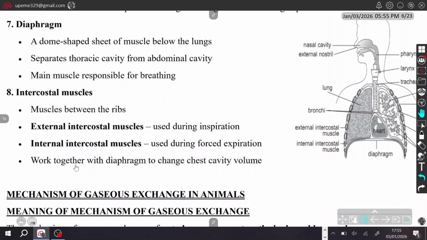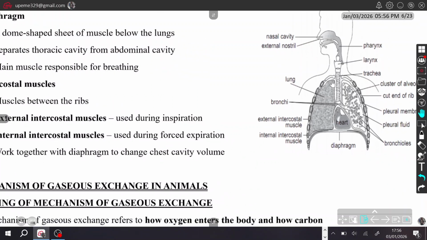Then internal intercostal muscles used during forced expiration, when air is being removed. So these work together with the diaphragm to change chest cavity volume. So these, together with the diaphragm, work together to change the volume of the cavity in the chest.